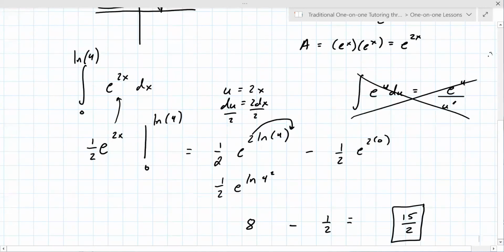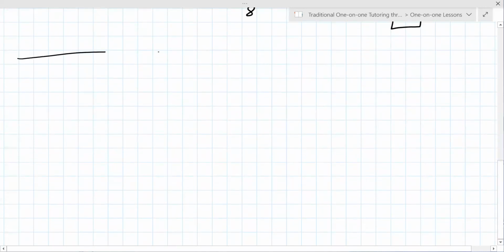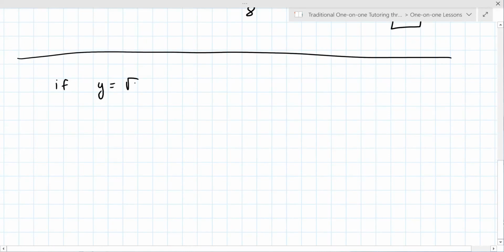Okay. So the typical problem here is like, if y equals the square root of x, what is the volume for rotating? And they have to tell you which axis. We'll say the x-axis from 0 to 9.